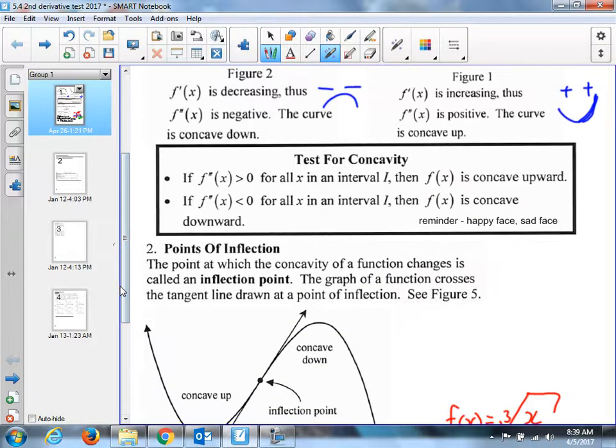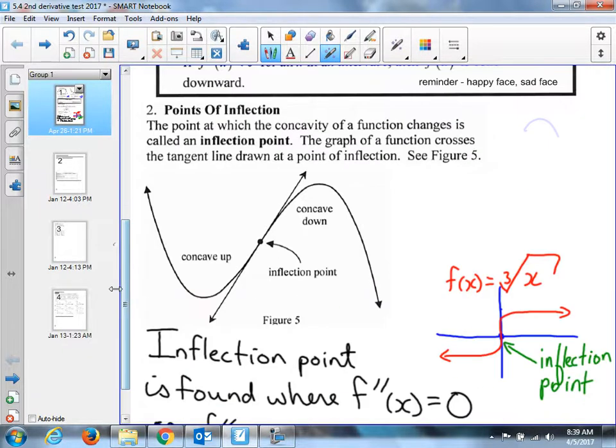Okay, so a test for concavity. Concavity describes the curviness. If the second derivative is greater than 0, so if it's positive, all you have to remember is happy face. If it's negative, sad face. Then, sort of like critical numbers, which don't have to be a maximum or minimum on first derivatives, an inflection point is where you switch signs.